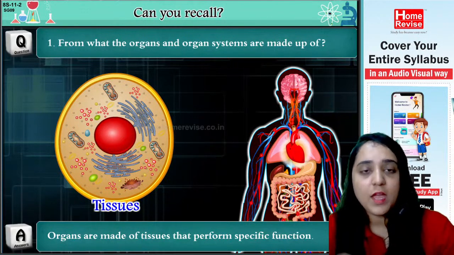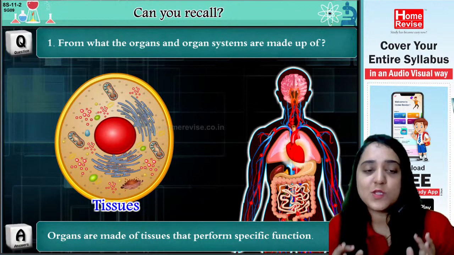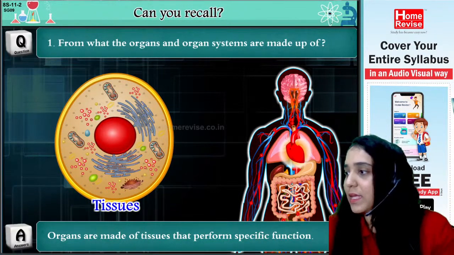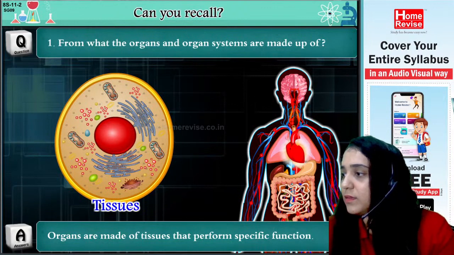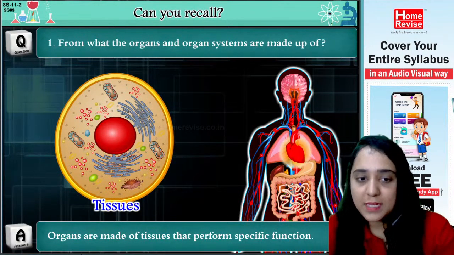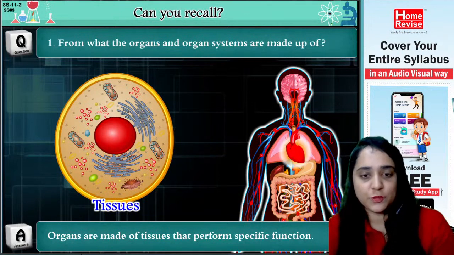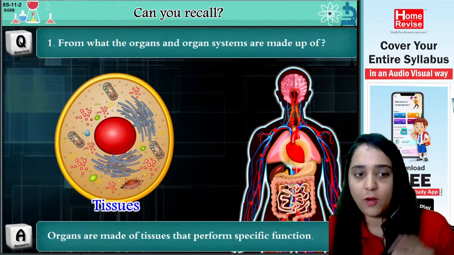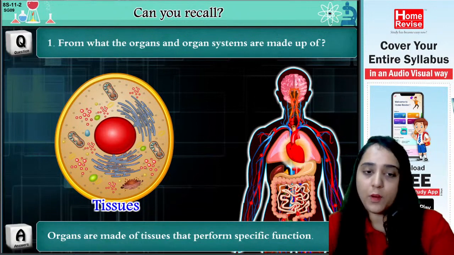What all things comprise to make an organ? Yes, exactly. Organs are made of tissues that perform specific functions. Correct. Organs are made up of tissues.